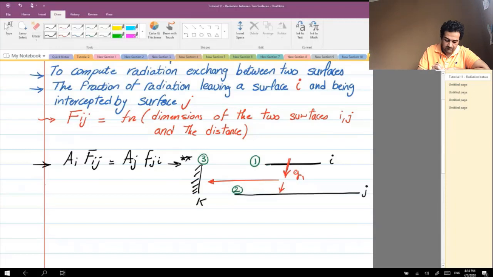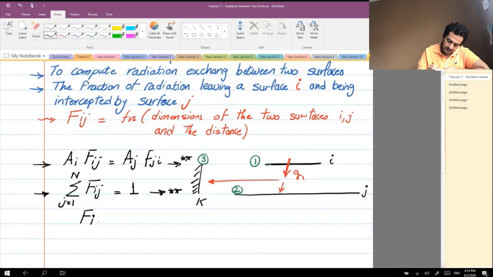Another very important equation, in case we have more than 2 surfaces, is that the summation of the view factors is equal to 1, from j equal to 1 to n. So let's write it here in terms of numbers.